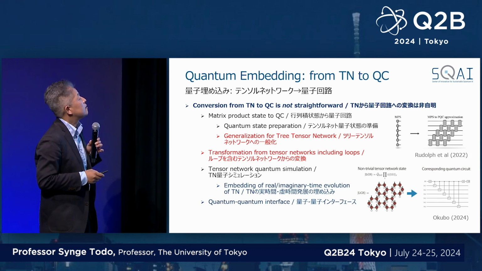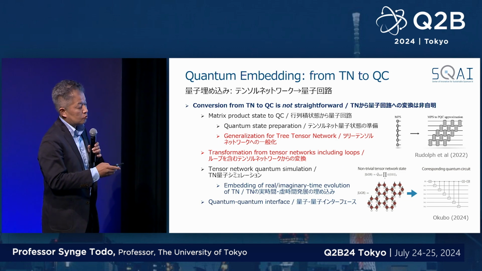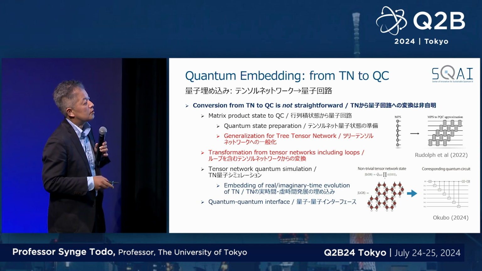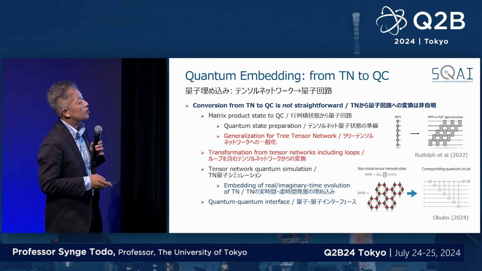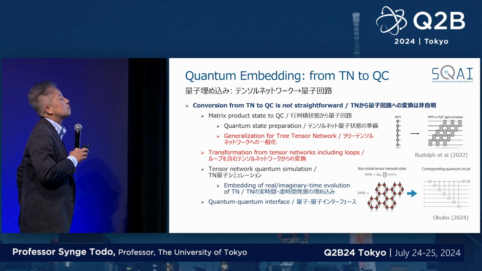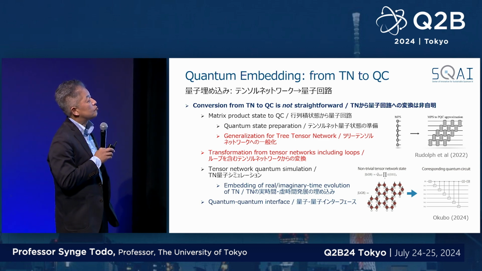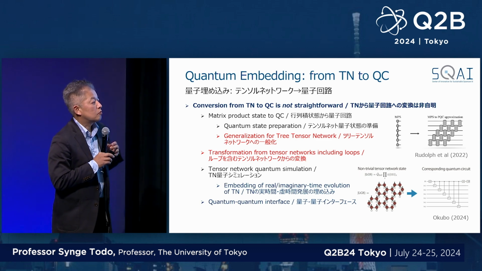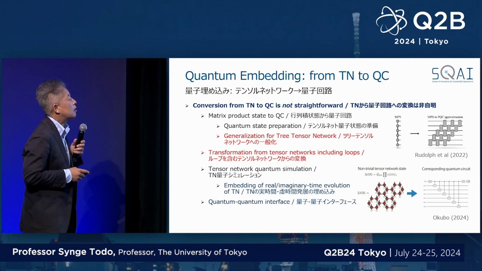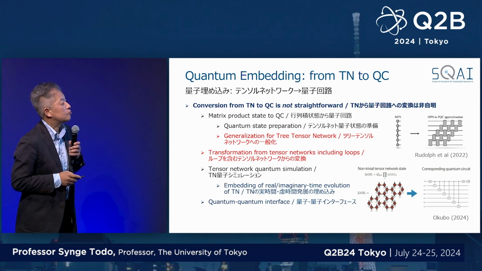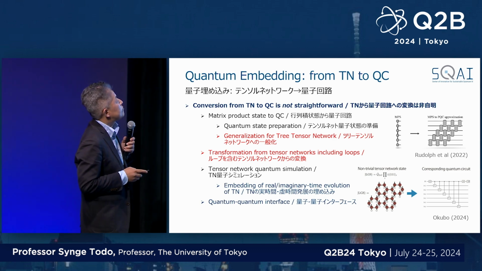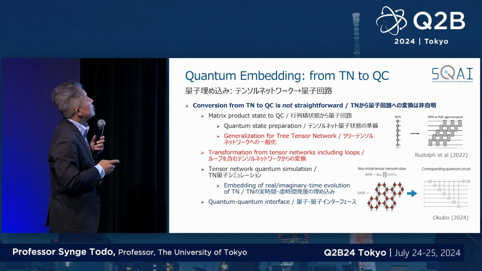We are developing methods to embed that efficiently when there is a distribution in a state. Something like this. How can we convert that into the form of a quantum circuit, possibly combining other measurement methods? That's one technique that we are considering. And there will be a presentation by Mr. Okubo this afternoon. So if you're interested, please come to that presentation.